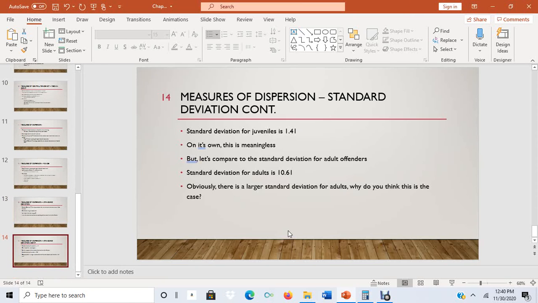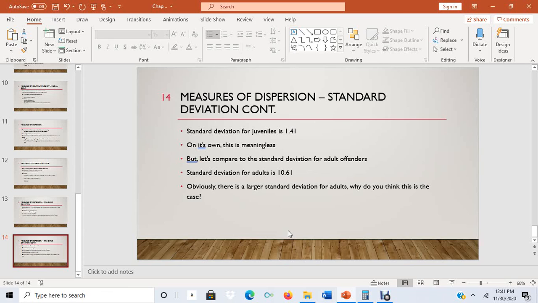So let's assume that we've calculated the standard deviation for the juvenile age data and also for the adult age data. The standard deviation for the juveniles is 1.41. The standard deviation for the adults is 10.61.